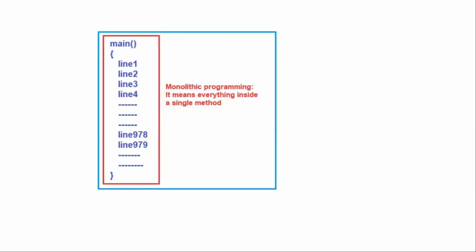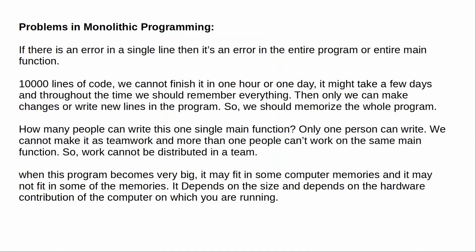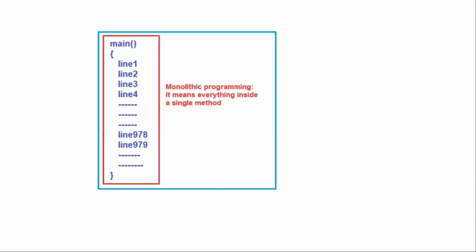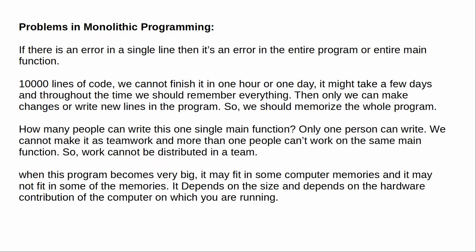I think I mentioned this in the very first class as well. The main problem with this monolithic kind of programming is that in today's world, a lot of people work simultaneously to write a bigger project. With monolithic programming, any number of people cannot write the program. Only one person has to take it, because it's only one program where we are writing everything end to end. There is no way you can have more than one programmer working to develop the project.